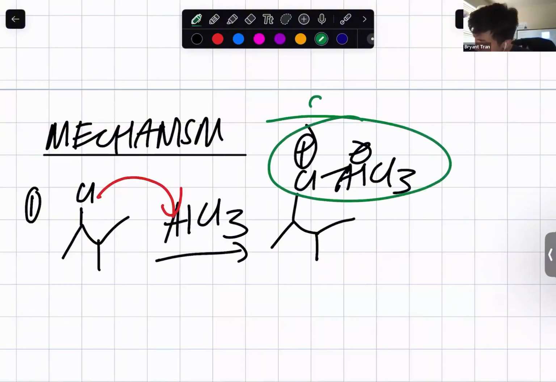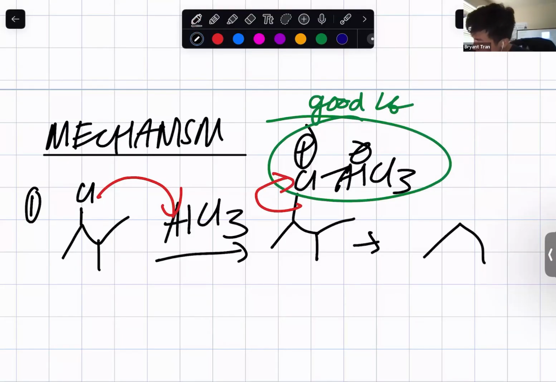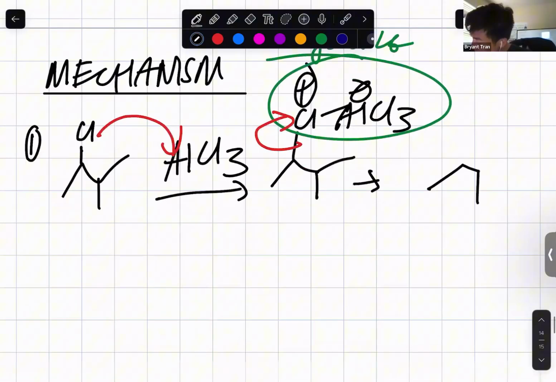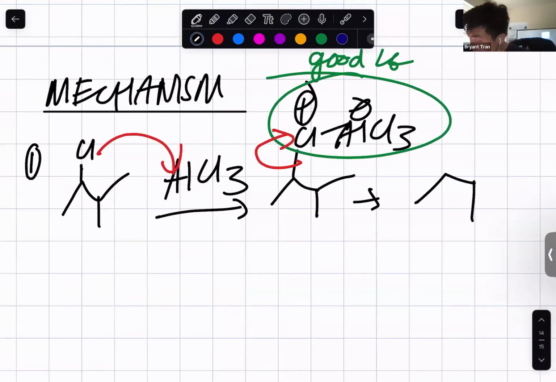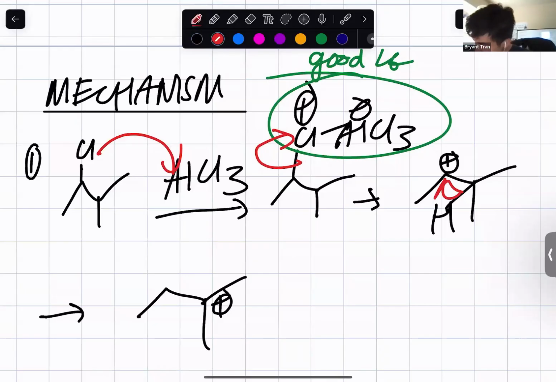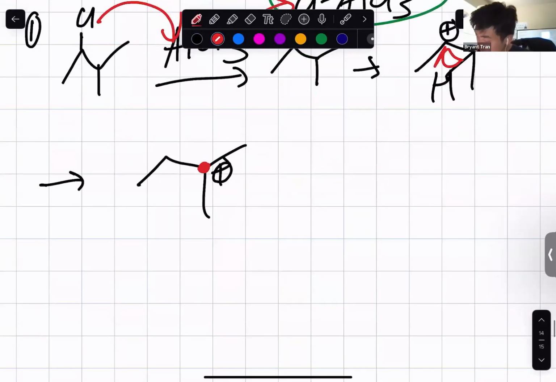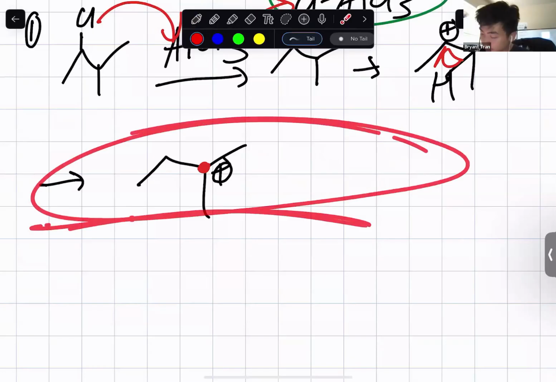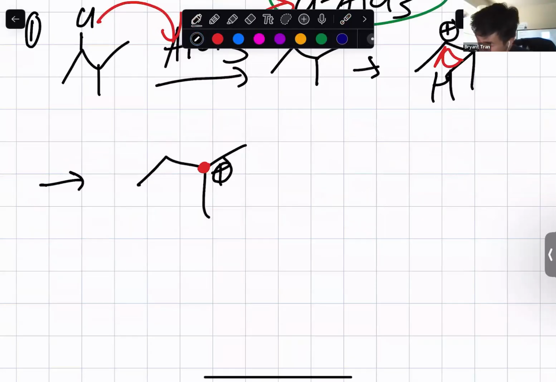This species here is our good leaving group. We kick out the good leaving group, form our carbocation on that spot that lost their bond. And whenever we form a carbocation, we know that we gotta stop and wait for any rearrangements that could happen, which there can be here, to form a more stable substituted carbocation here, which is gonna be our electrophile, and that's done. We have our electrophile here after the first step.